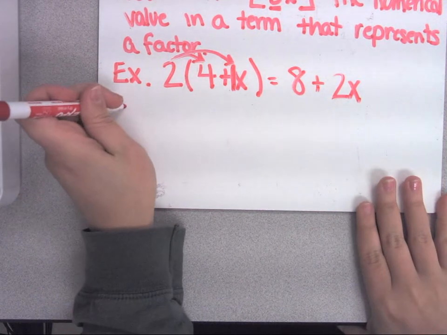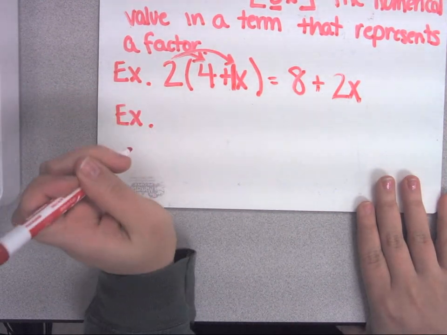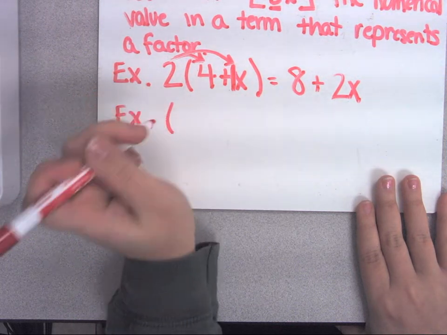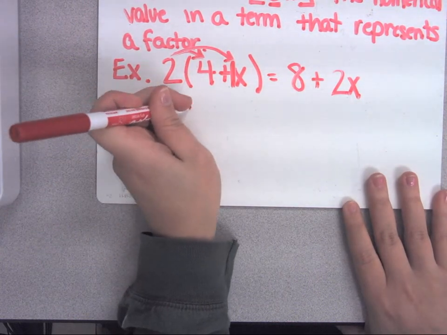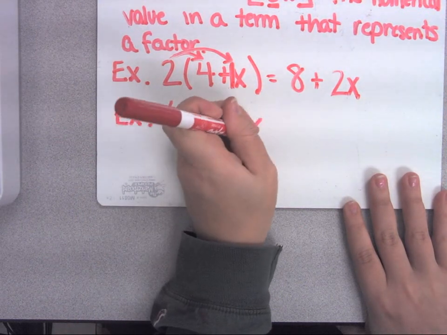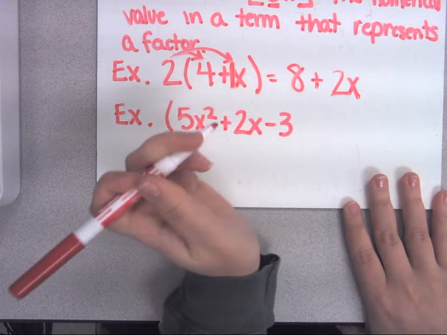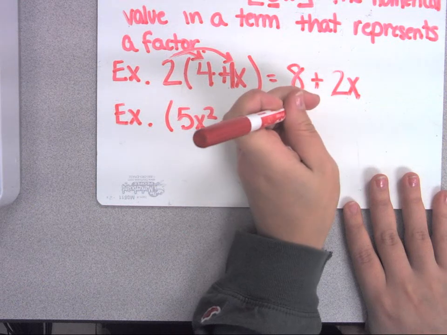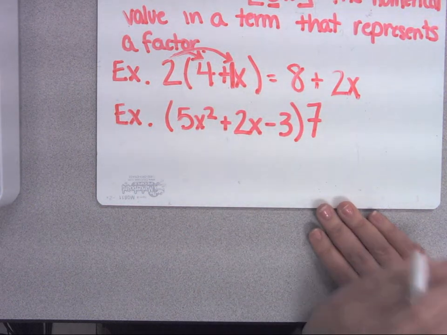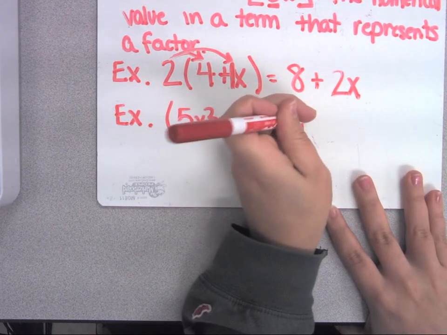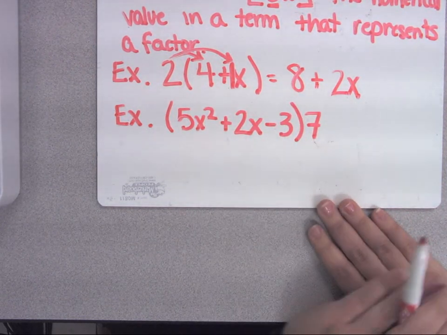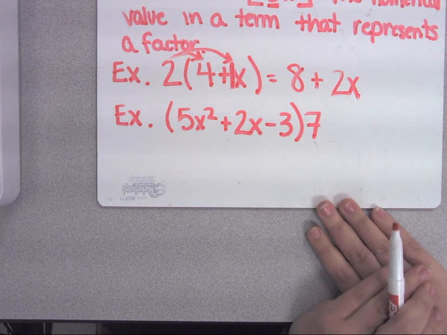Easiest form. Now, can we just still distribute when something looks like this? Make it a little more different. 5x squared in parentheses plus 2x minus 3, close parentheses, and then 7 in the back. That's an ugly 7, by the way. That's fine. Fix it. Times 7. That 7 right next to that parentheses, does that still mean multiplication?